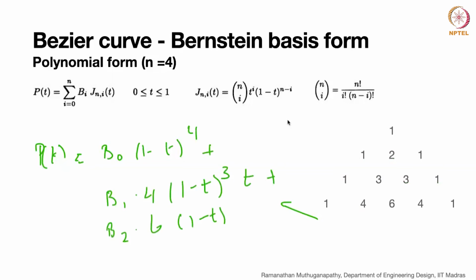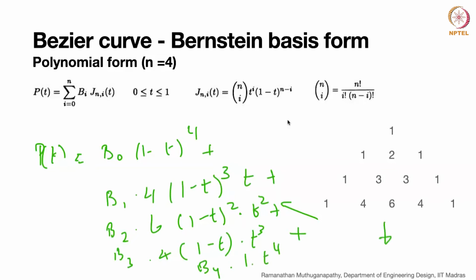Okay, then this 1 minus t square and then this becomes t square. And then plus B3, there is a 4 there. So this is 1 minus t, instead of square, it will be 1 now, and this goes to t cube. And then you can see there is a coefficient 1, B4 dot 1, and then you can see this is t power 4. Okay, now you can keep expanding this classically and write for any degree n.